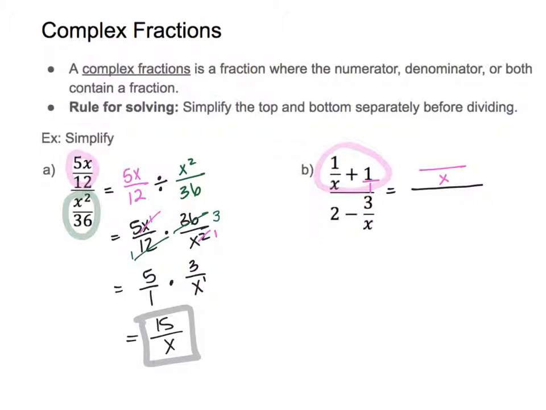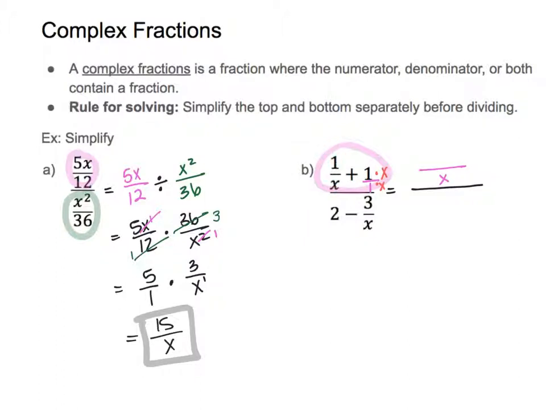Now, why would I choose x? It's because this one's already an x, and to make this one an x, all I have to do is multiply it by x. And if I multiply the bottom by x, I have to multiply the top by x. This fraction I don't need to multiply anything with because it's already the common denominator.